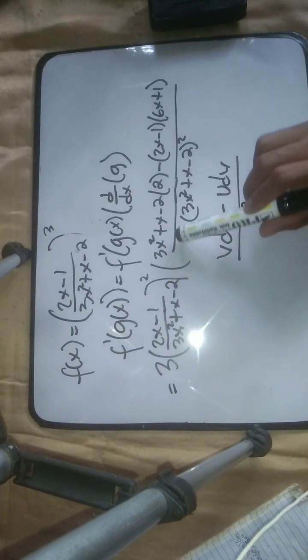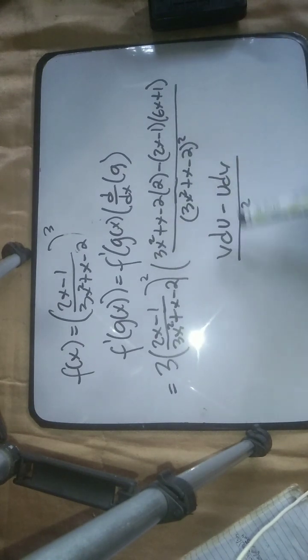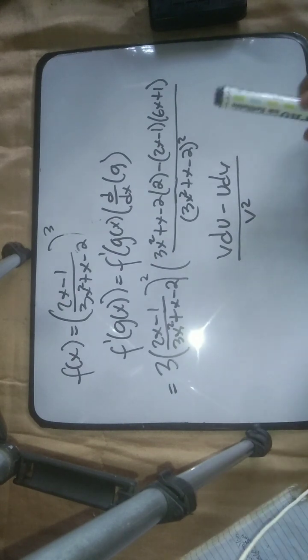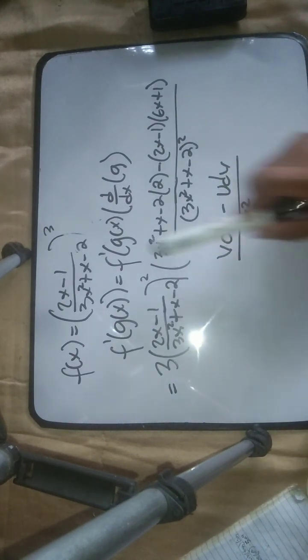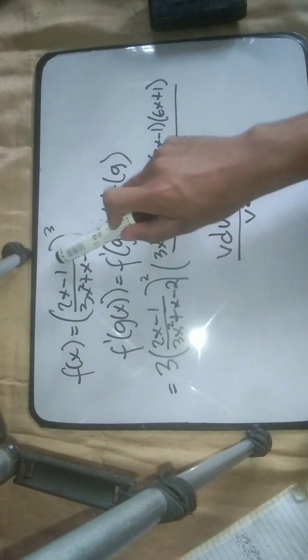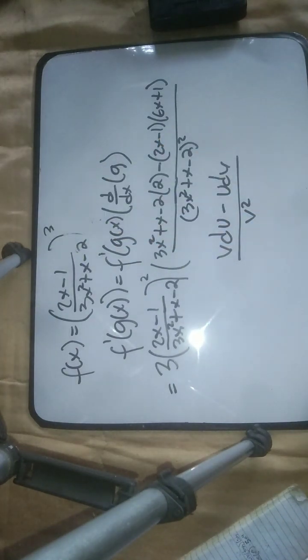To get this expression, we will use this formula. Our v is the denominator, and our u is the numerator.